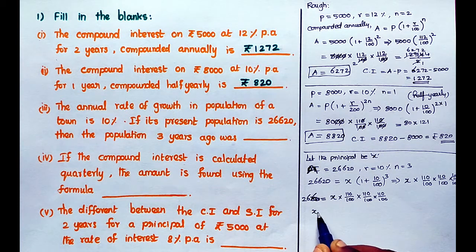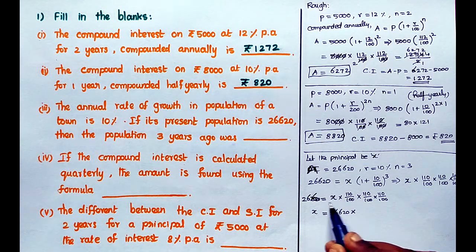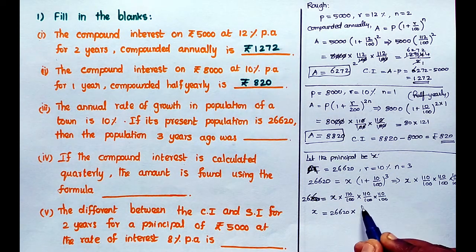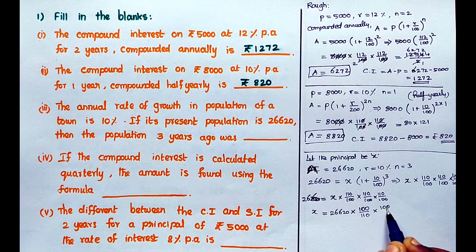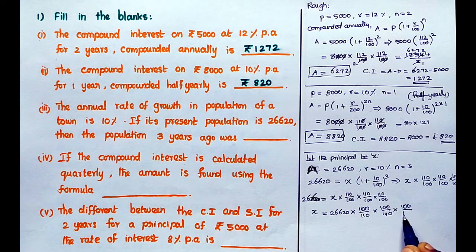Now change x equal to, here 26,620 is there. From here the numbers go there this time. This side brings this side means it becomes 100 by 110. We have to take reciprocal for that.